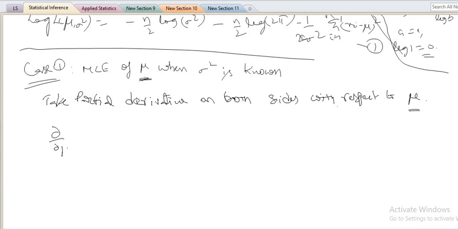That means dou by dou mu of log of L of mu comma sigma square.